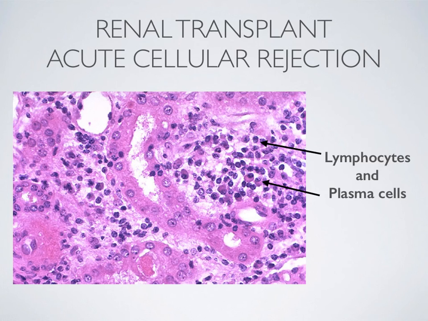What are plasma cells again? What are they producing? Antibodies, right. So these are B cells that have already been activated and they're churning out antibodies. So you can imagine what's going on in this tissue. You have a lot of lymphocytes here.